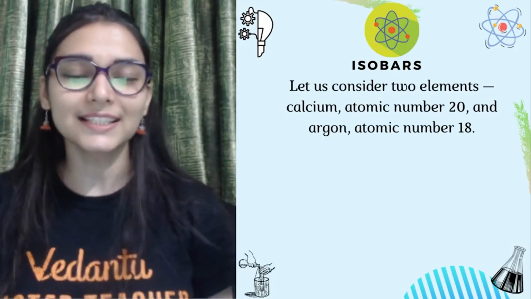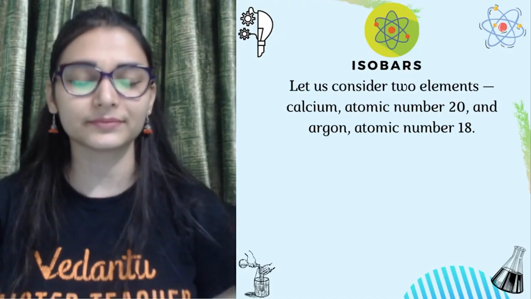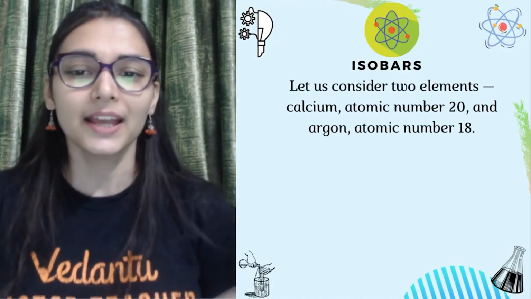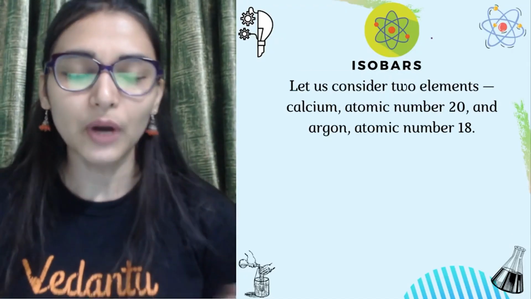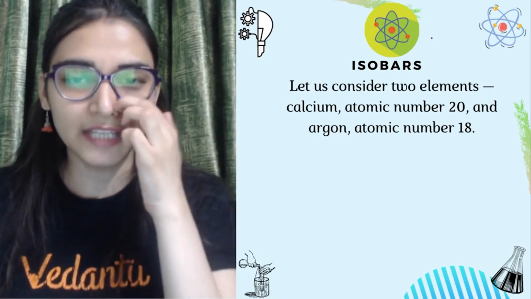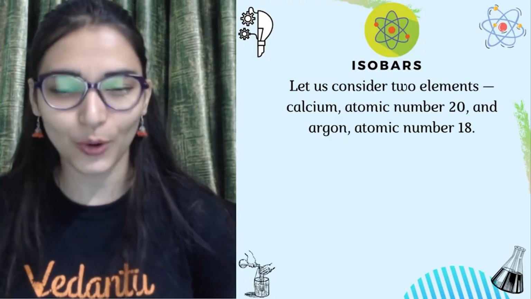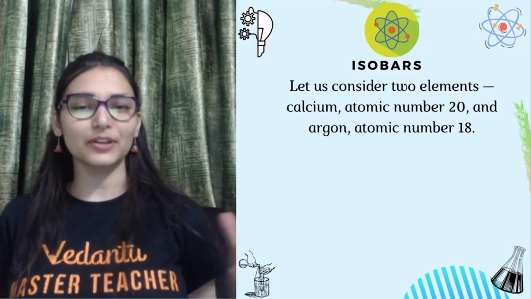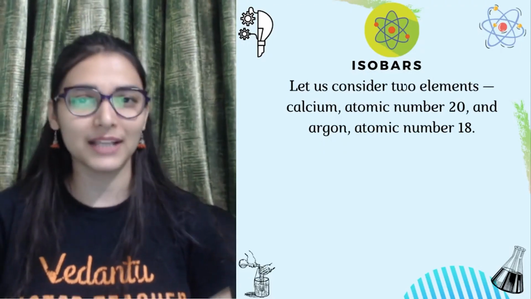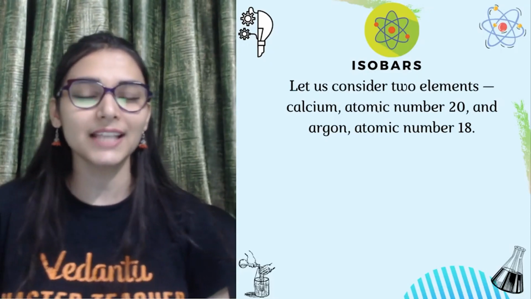The next is the isobars. Isobars क्या होते हैं? So again talking about the model of the atom that was given by, remember, yes, Dalton. So उन्होंने बोला था atoms of different element will have the different masses, but no, that is not the case.